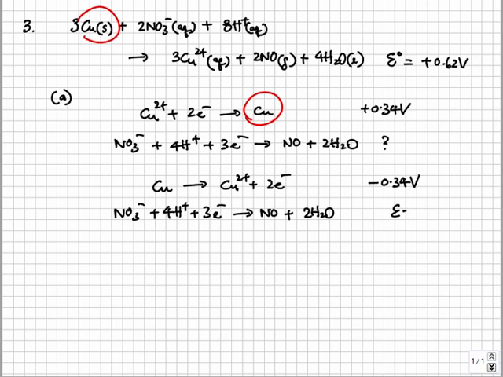We now see that the first half reaction transfers 2 electrons, but the second one transfers 3. To make sure the same number of electrons are exchanged, we must multiply the first half reaction by 3 and the second half reaction by 2 to get a total of 6 electrons exchanged.